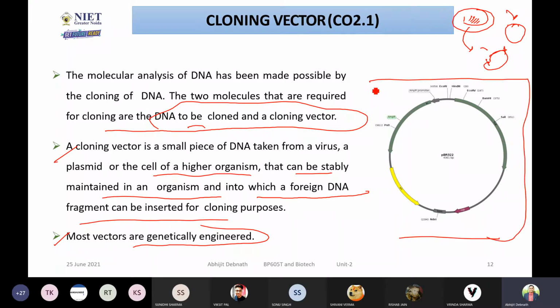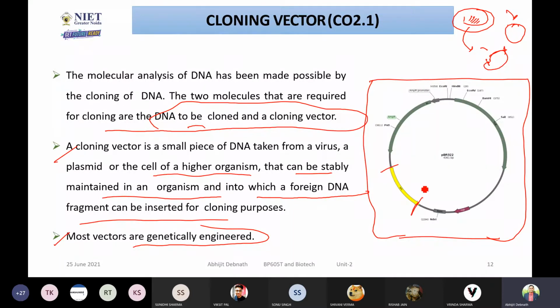This picture is taken from an actual scientific lab where they are doing this kind of cloning activity. I think the software used here was MetaGene or SnapGene, if I'm not wrong. Here you can see this particular area.